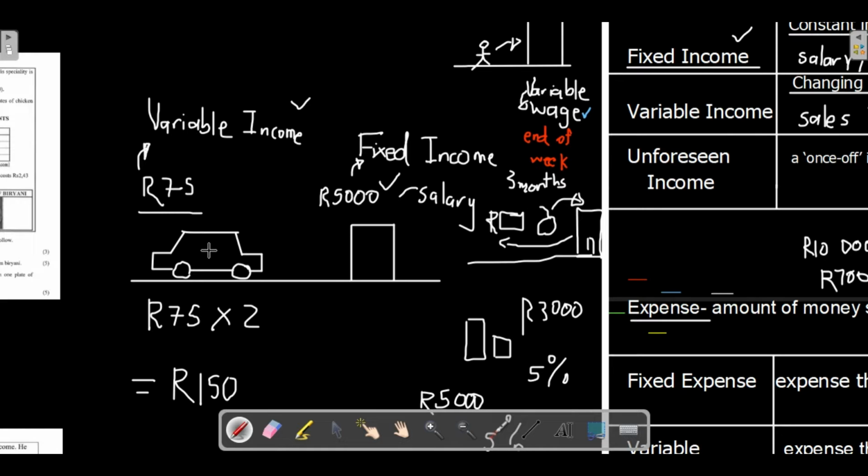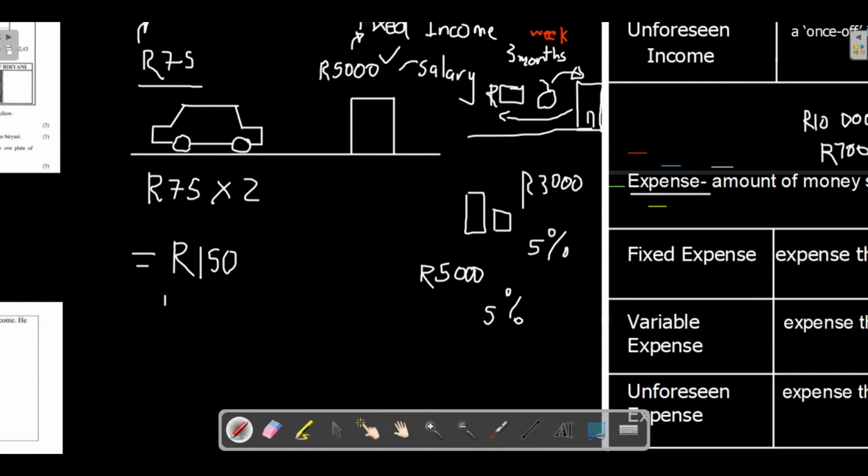In this case, your products are your cars. So the price to wash one car is this much. You always have to ensure that you take the price to buy or offer a service of one unit. In this case, it's one car, and that is 75 rands.